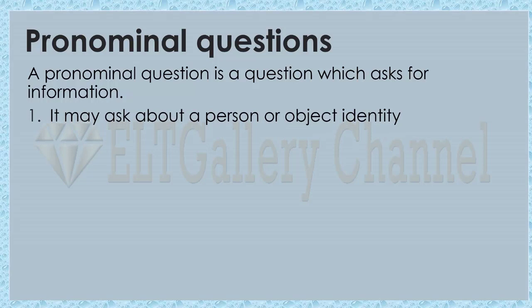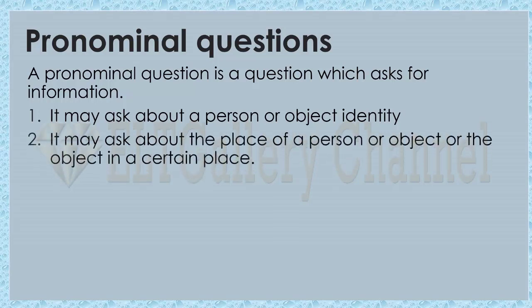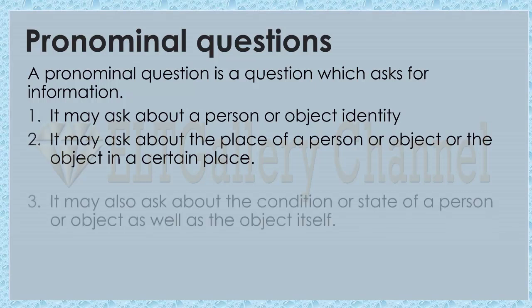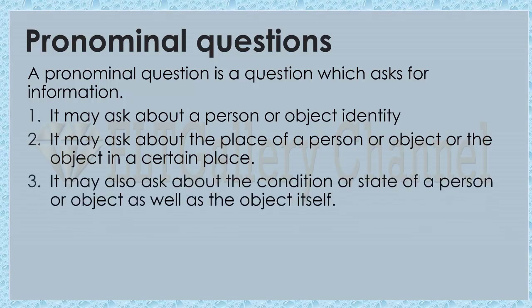A pronominal question may ask about the person or object identity. That's the first kind of pronominal question. Then it may also ask about the place of a person or object, or the object in a certain place. And then it may also ask about the condition or state of a person or object as well as the object itself.